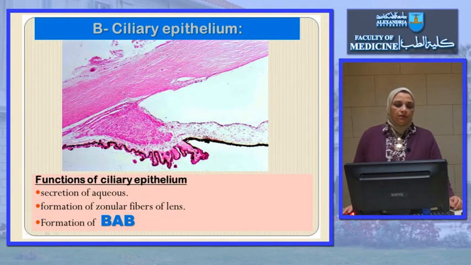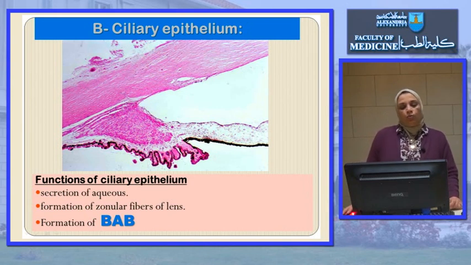What are the functions of the ciliary epithelium? One of its functions is secretion of aqueous. Also, it's responsible for formation of zonular fibers of the lens. We know that extending from the ciliary processes are the zonular fibers, or the suspensory ligament, which will hold the lens in position.